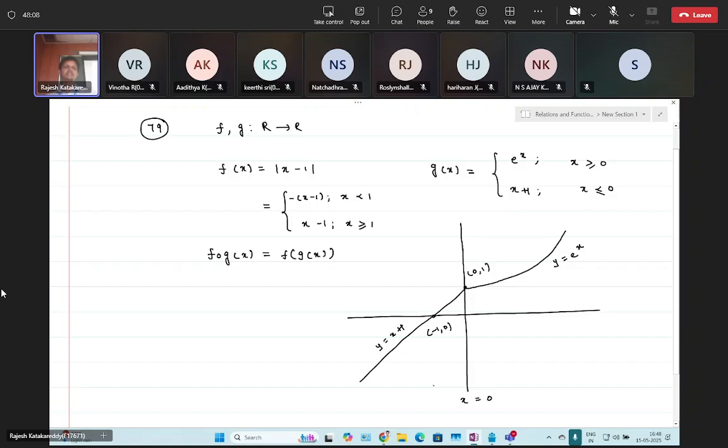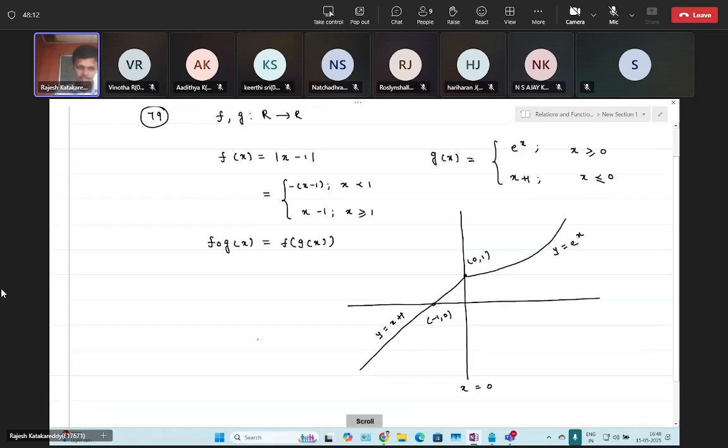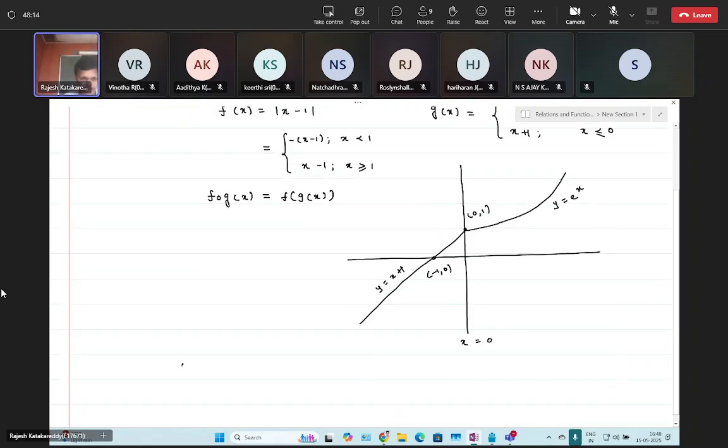Once you have drawn the graph, keep this graph aside. Now we are finding, listen carefully, f of g of x. Go to the definition of f of x and replace x with g of x. I should write 1 minus g of x when g of x is less than 1.